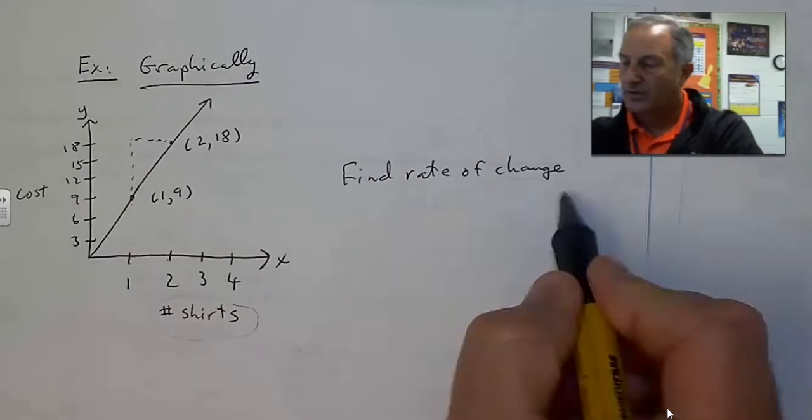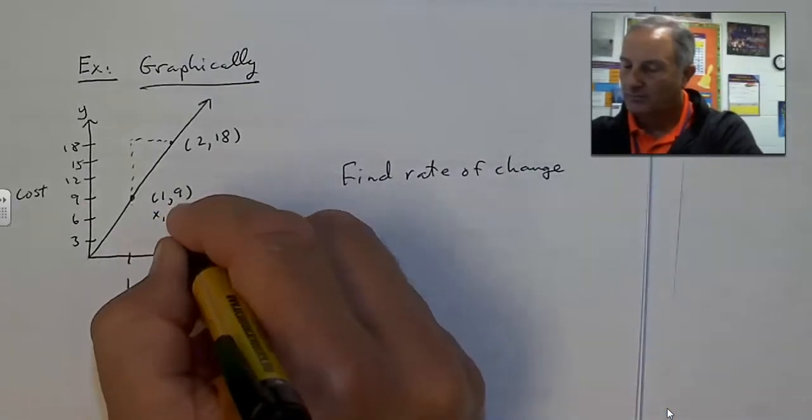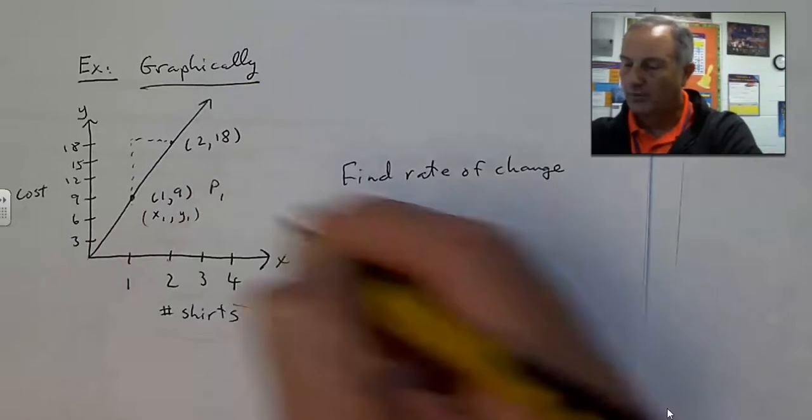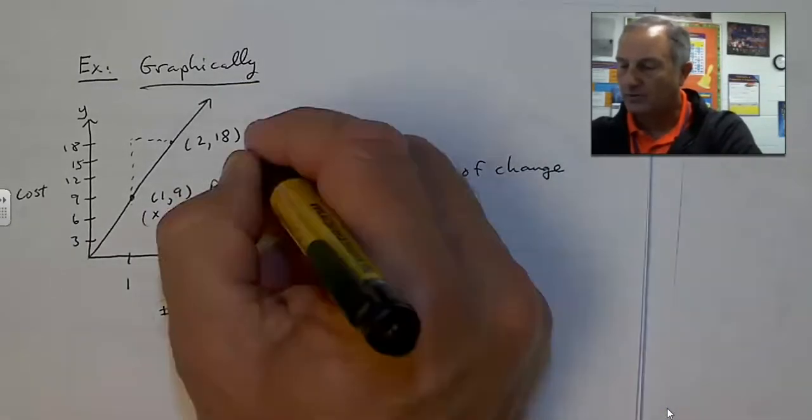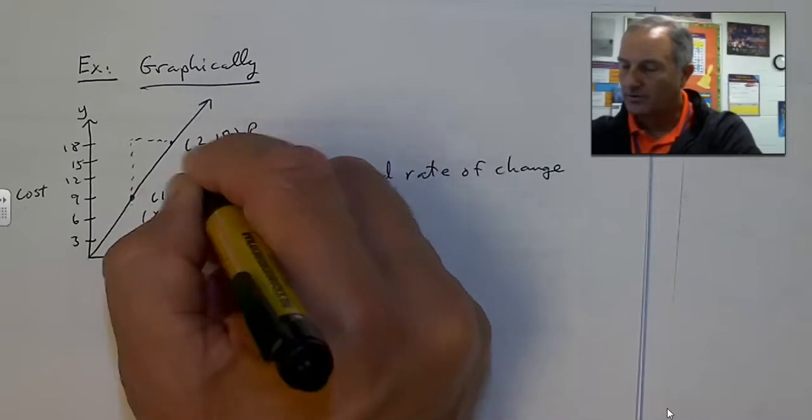So find the rate of change. Well, if I call this x1 and y1, so I'm going to say this is point 1. Doesn't matter which way you do it. If this is point 2, then this is x2, y2.